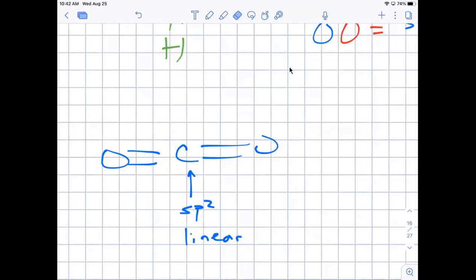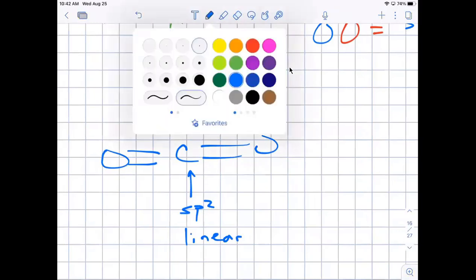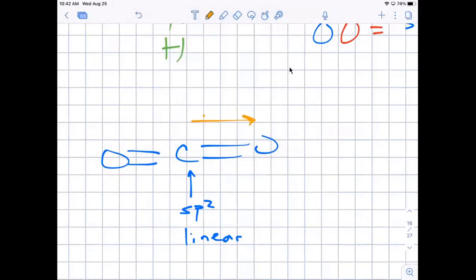And we know we have a dipole going here towards oxygen, and then here, towards oxygen. So those vectors are moving in opposite directions. Am I right? Yes. All right, go ahead.